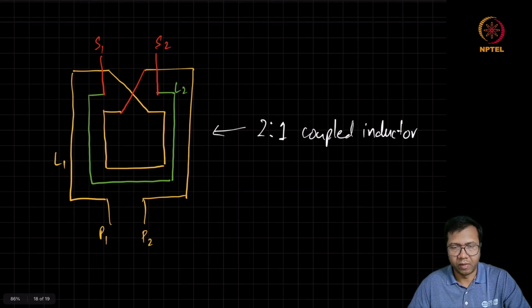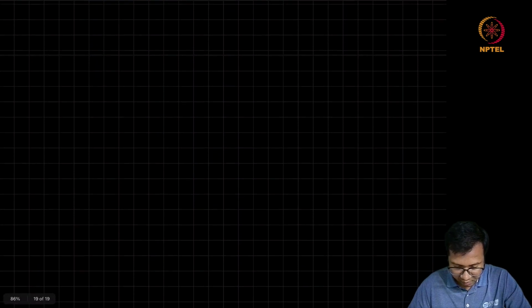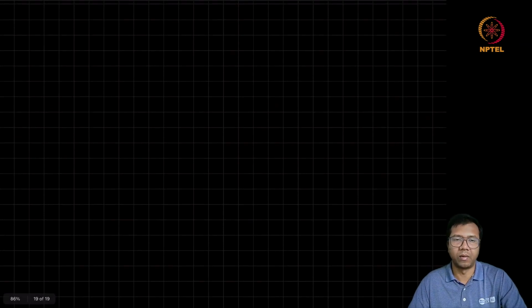Now we have got a good idea about inductors and coupled inductors. So now let us look into how to design a capacitor on chip.